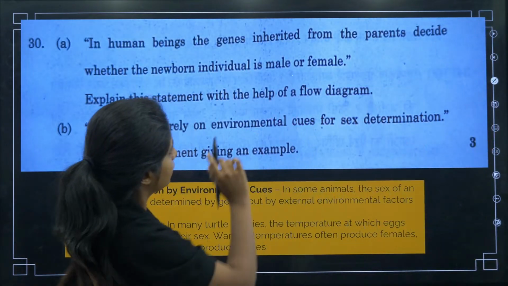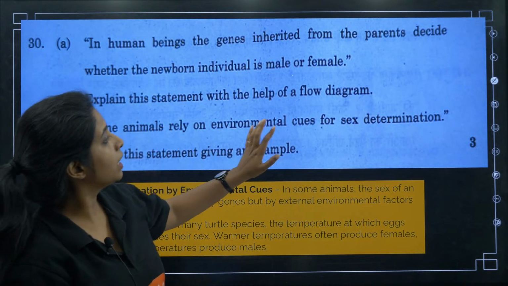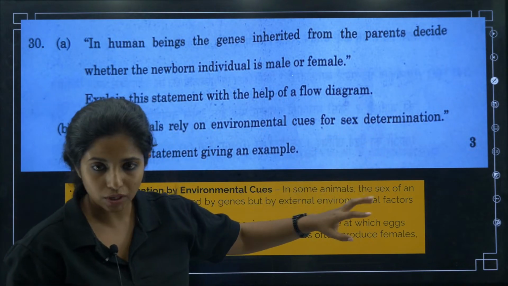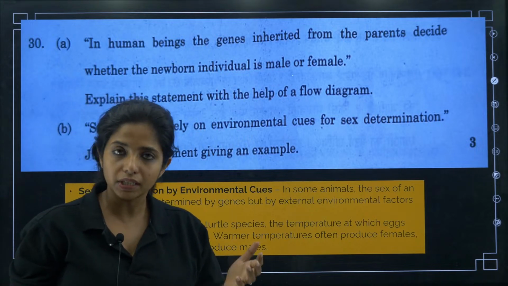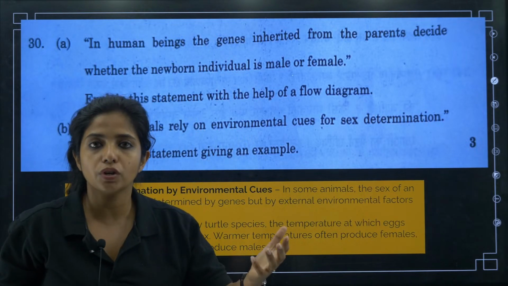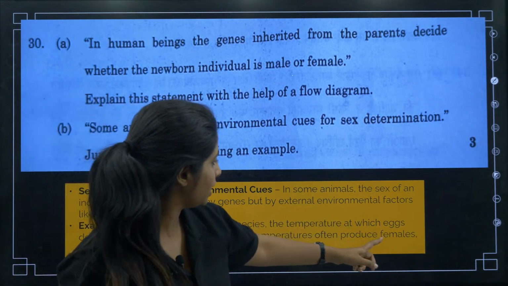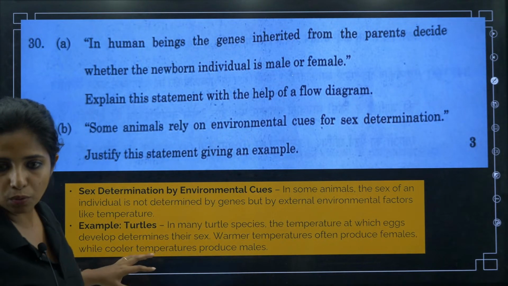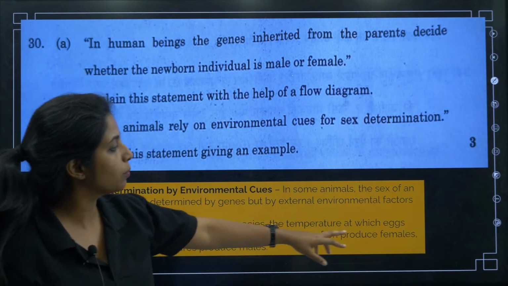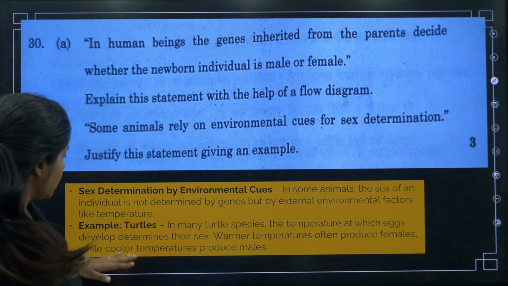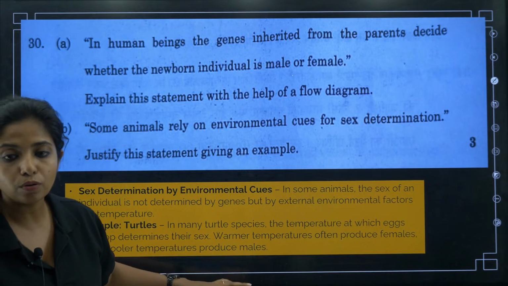Okay? Now, some animals rely on environmental cues for sex determination. For example, you know turtles? Turtles depend on temperature for sex determination. If they lay their eggs at warmer temperatures, my dear children, this would produce females. On the other hand, if there are cooler temperatures, it would produce males.